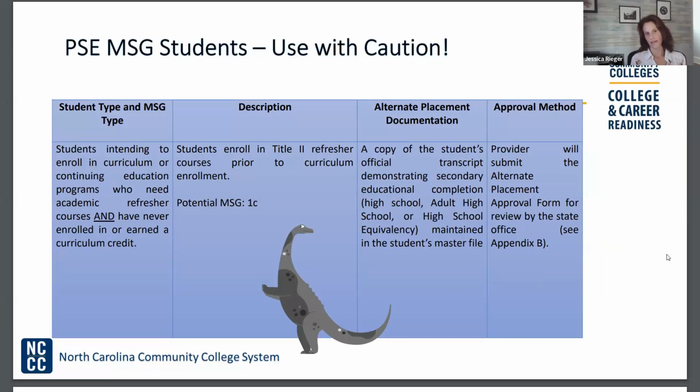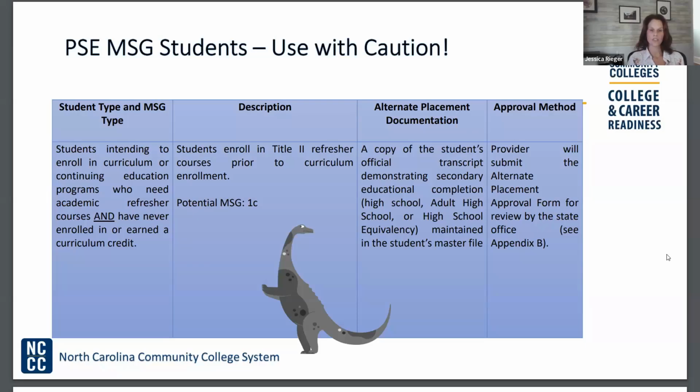Okay. Another area with which you can use this is with your students who come in and they are wanting to enter post-secondary. And I do have a note on here that you want to use this with caution, and I'll explain that more in a second. But this is for students who come into CCR and they intend to enroll in curriculum or Con Ed programs, and they're really just in need of an academic refresher.